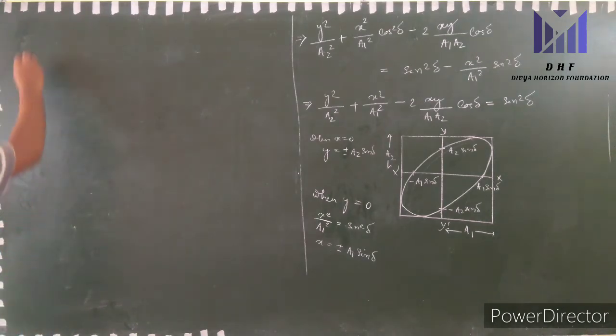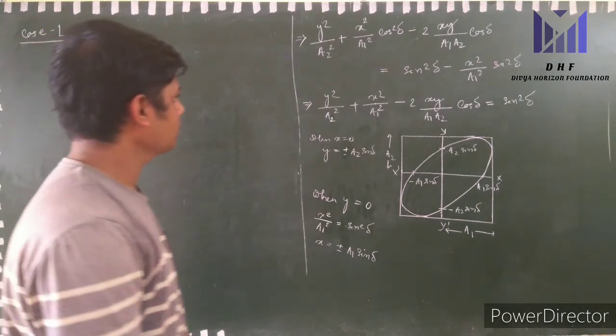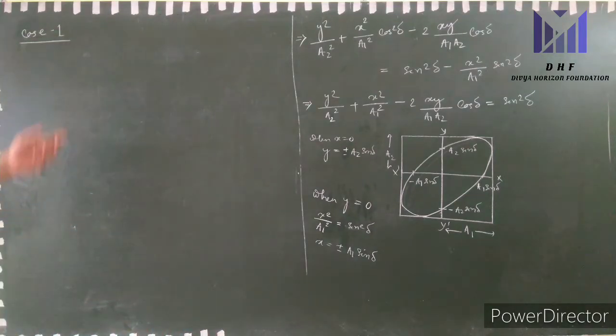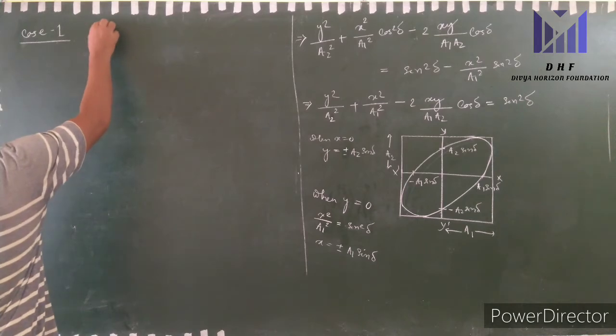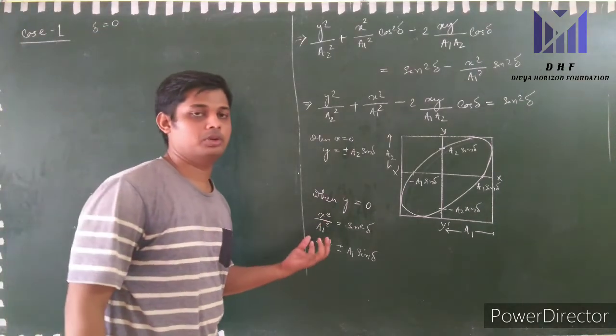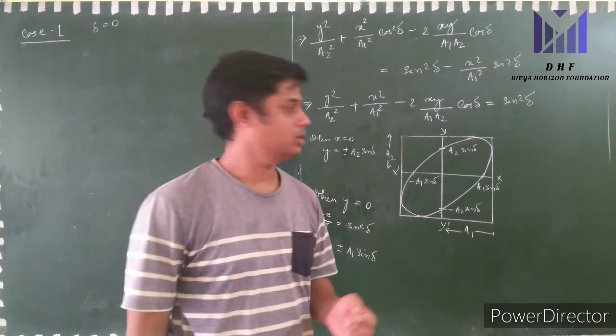Case 1: delta will be 0. Delta being 0 means there will be no phase difference between the two motions.